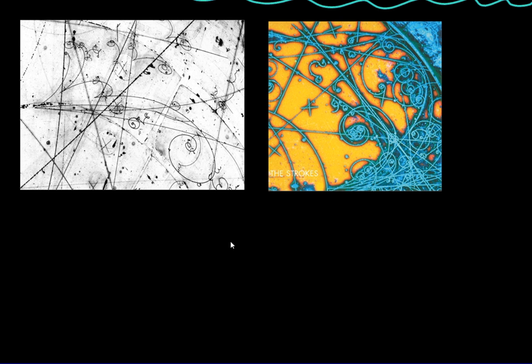This collision and explosion would happen in a chamber that has a large magnetic field in it. And using techniques I don't understand, scientists are able to visualize the arcs and paths of electrically charged particles shooting out from that explosion, in something called a bubble chamber.